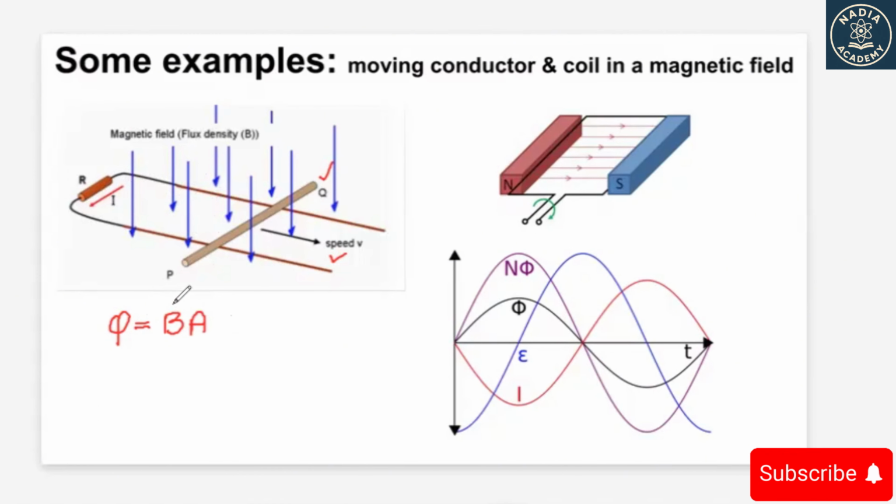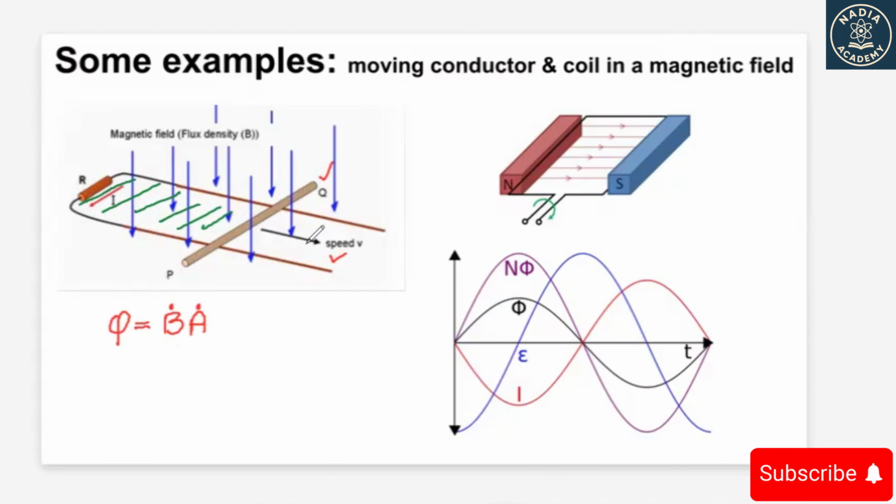Now here, B is constant. What changes is the area of the coil that we made with this U-shaped wire, which is also working as a railing, and the conductor PQ.